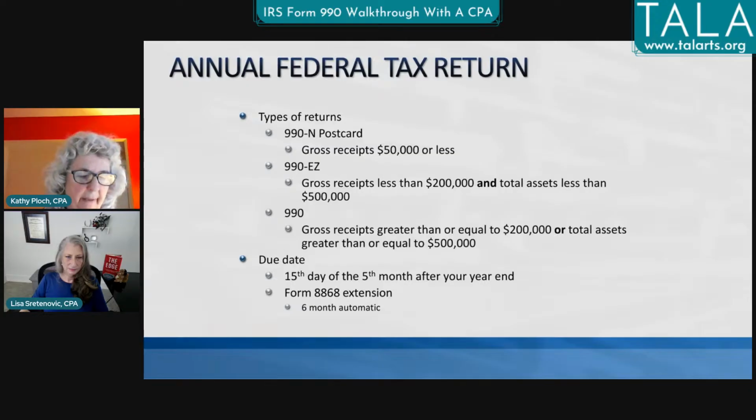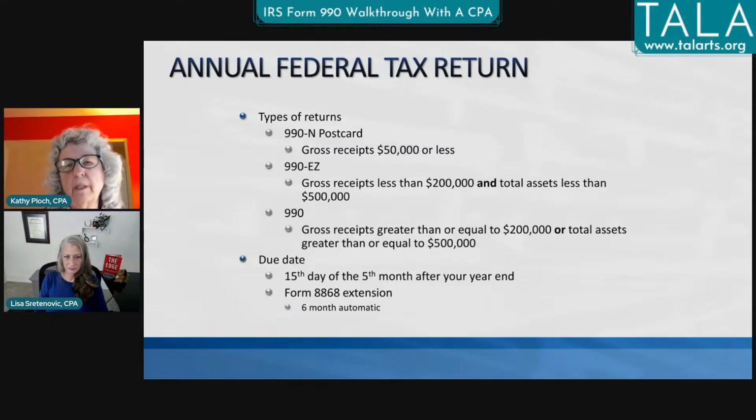So if you have a December year end, which is our calendar year, then your tax return is going to be due on May 15th, which is coming up quite quickly. You can get an extension, but that extension will extend the time for 6 months.